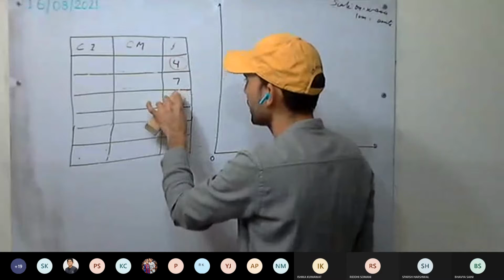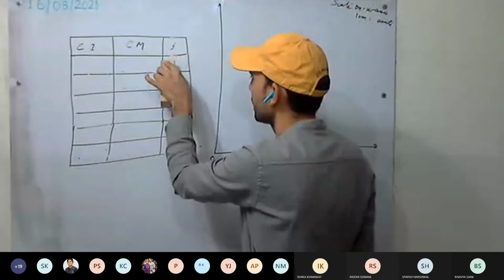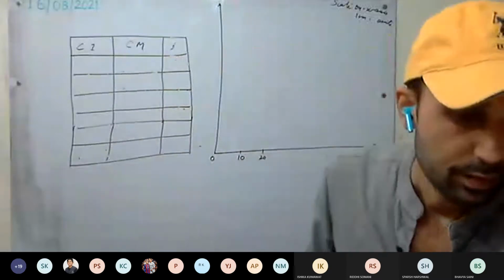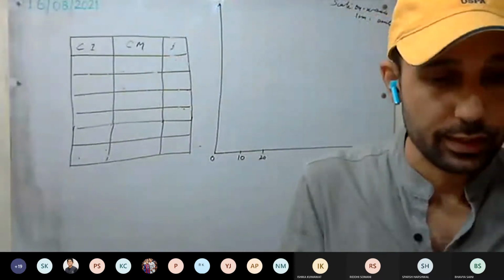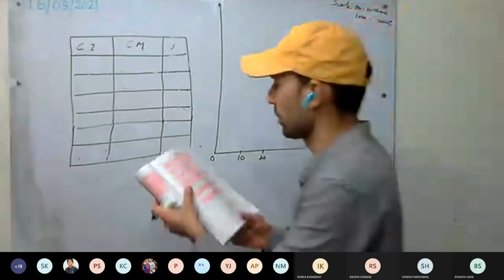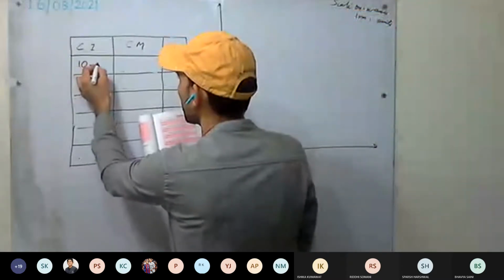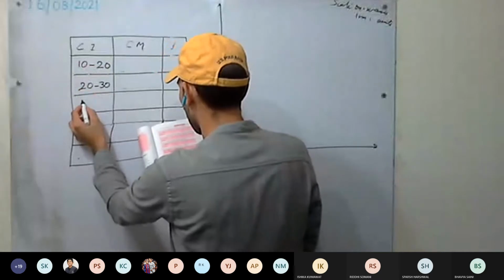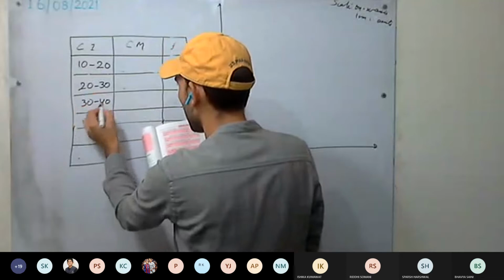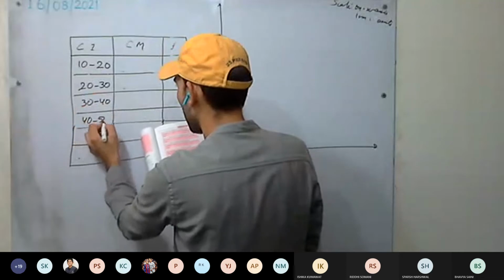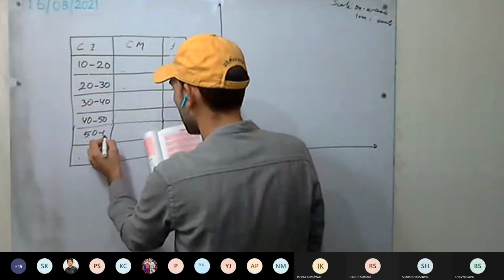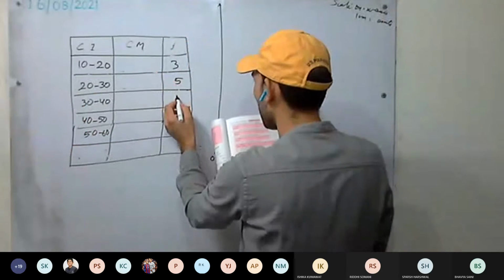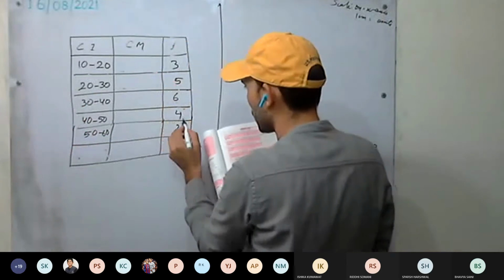First draw the table: 10 to 20, 20 to 30, 30 to 40, 40 to 50, 50 to 60. And the frequencies are 3, 5, 6, 4, 2.